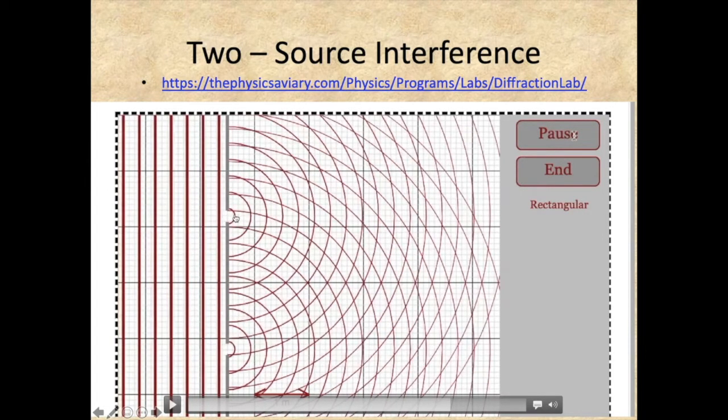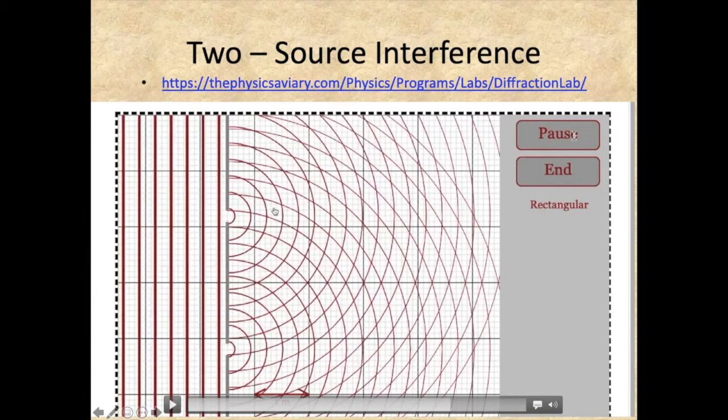Each of these wavefronts, as you know, shows one crest. So the wavelength is the distance between each wavefront. These are the wavefronts from one source, and these are the wavefronts from the other source. And in the medium, as they proceed, there will be points where 2 crests meet, here, here, or here.